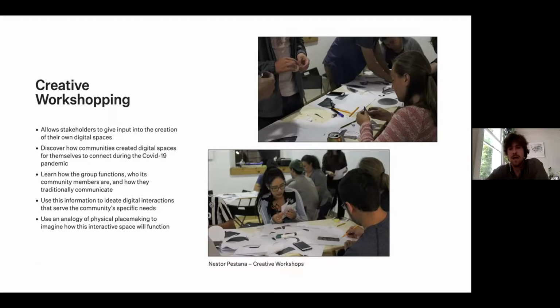And then also use an analogy of physical placemaking, because in my research it kept coming up over and over again, this idea of public spaces or gardens or public parks, digital public parks, which I think becomes quite hard for most people to actually visualize.